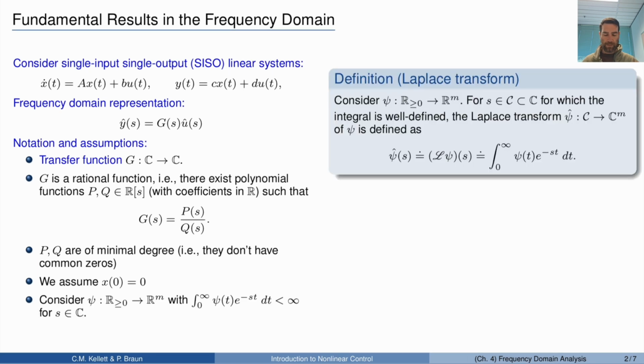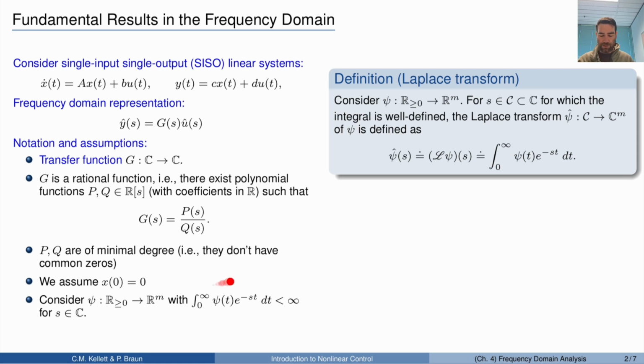Okay, and with that, now we want to see how to construct this function G of s here. We first need to introduce the Laplace transform. So for a function from positive numbers here, taking arguments essentially with respect to time, we consider this integral here from 0 to infinity, but this here is s, where our frequency pops up, so the complex number.